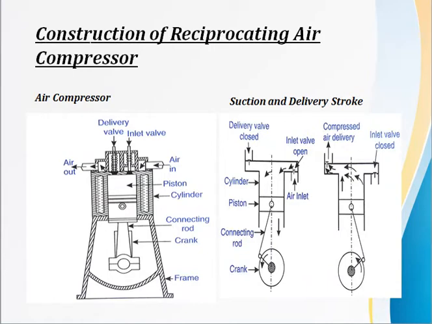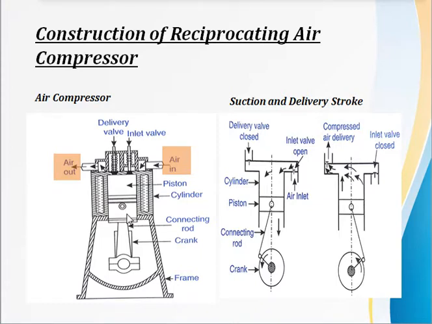Now let us go through the construction of the compressor. Now in the compressor you can clearly see air is coming in as input here. Input air, output air. Now output air is the compressed air. You can see inlet valve and delivery valve. These are the spring loaded valves. So inlet valve, what happens? When this valve opens, the air goes in when the piston moves from the top dead center to bottom dead center.